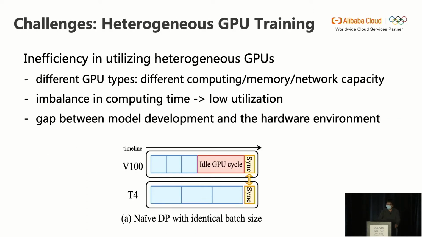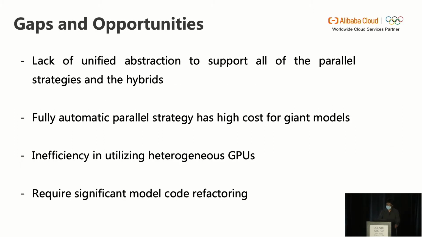However, deep learning frameworks encounter challenges in efficient utilization of heterogeneous resources. Different types of GPU memory capacity and GPU computing capacity introduce imbalance in computation graph partition and deep learning operator allocation.